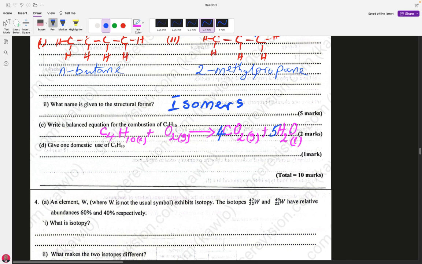The lowest number we can multiply by will give us 13 on the right. It should be 6.5. Since we don't usually balance equations with decimals, we will use 13 over 2. Don't write 6.5, use a fraction. So that will be our equation for the complete combustion.